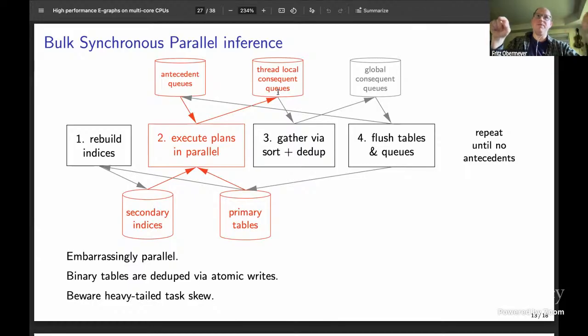For the relations, it's an atomic fetch OR, and for the lookup table, it's a compare exchange, so it's a little more expensive. On that compare exchange, if the value was not there, the new fact is added. If the value was already there, the fact is discarded because it's already known. And if the value conflicts, then it instead switches to writing a merge.